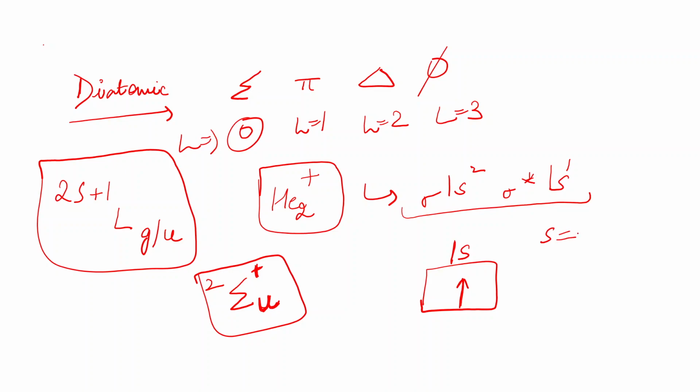So what will be the S value? S value will be half. So 2S plus 1, that is 2 into half plus 1, that is 2. Now the electron is residing in the s orbital, and we know for the s orbital the L value is 0, and L value 0 means sigma. So that means 2 sigma.